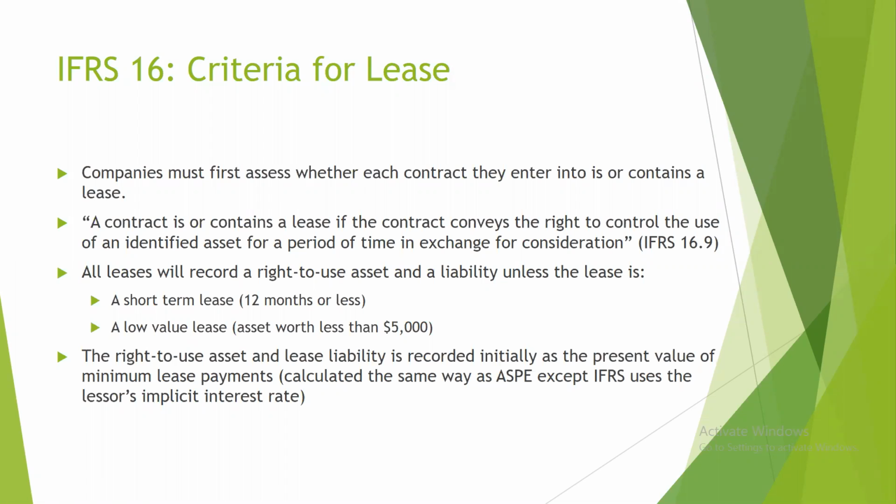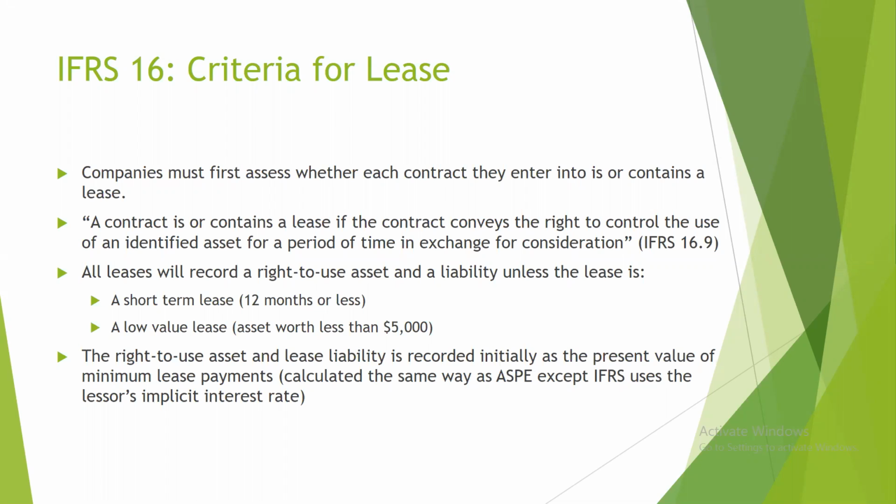IFRS is different from ASPE in that all leases are going to be recording an asset and a liability, and there are only two opportunities where it is not recorded as an asset and liability, where it would just be recorded as an operating lease.